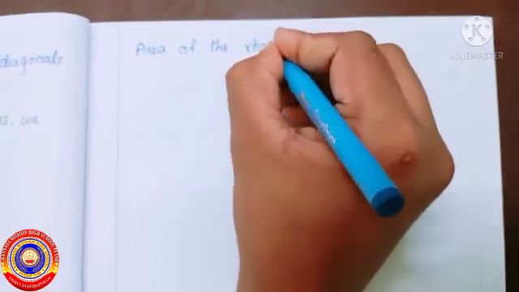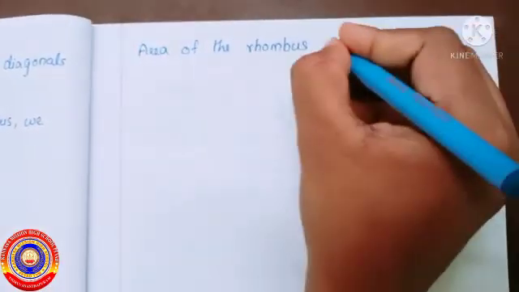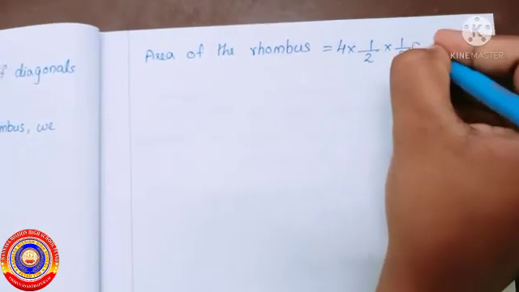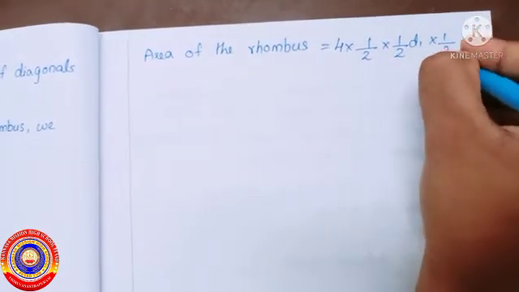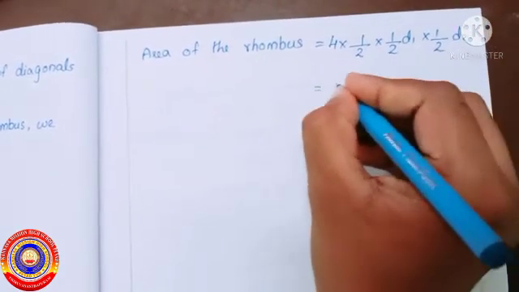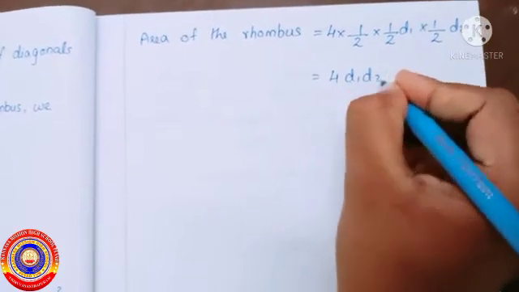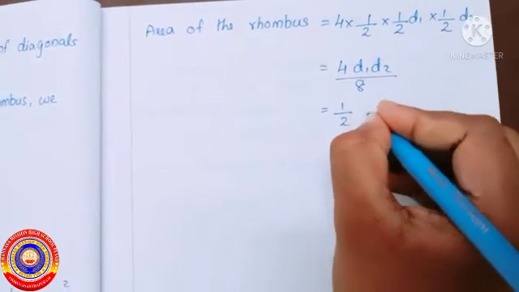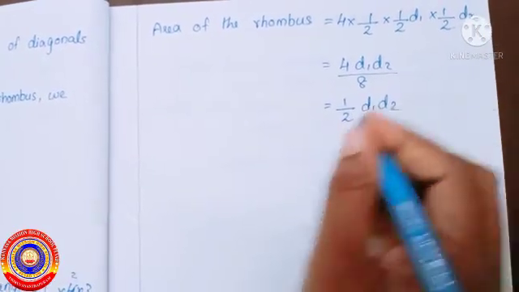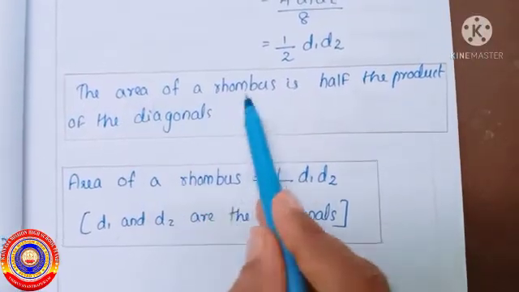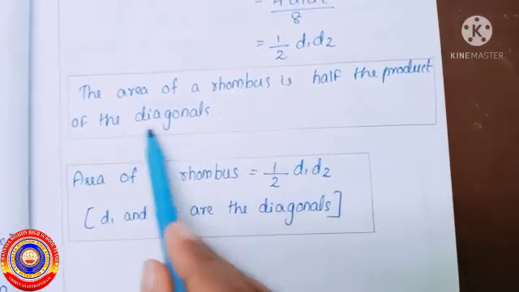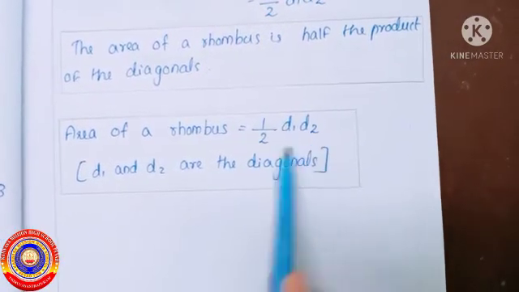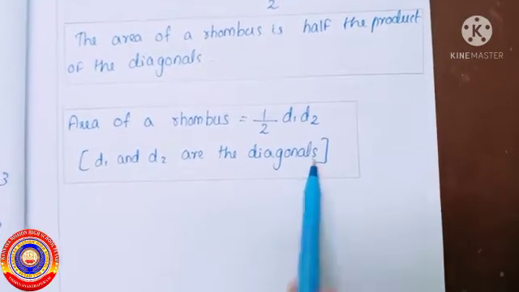Then the area of the rhombus is equal to 4 into 1 by 2 into 1 by 2 D1 into 1 by 2 D2, which is equal to 4 D1 D2 divided by 8. 2 into 2 into 2 is 8, so 4 and 8 get cancelled and the remaining is 1 by 2 D1 D2. That is, the area of a rhombus is half the product of the diagonals, or we can write it as area of a rhombus is equal to 1 by 2 D1 D2. Here D1 and D2 are the diagonals.